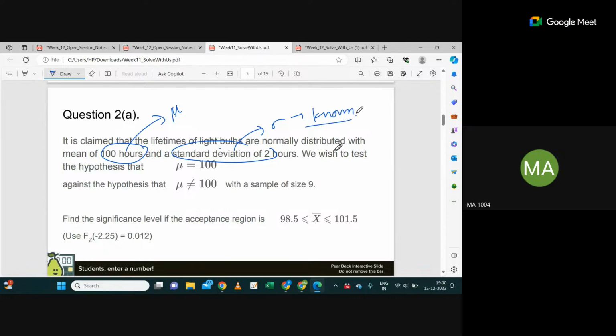And your null hypothesis is mu is equal to mu naught, which is 100. So here variance is known to us, and we have to test for mean. Since variance is known, I will be using the Z test. Are you able to see the difference between these two?